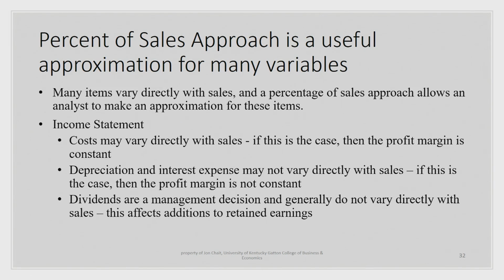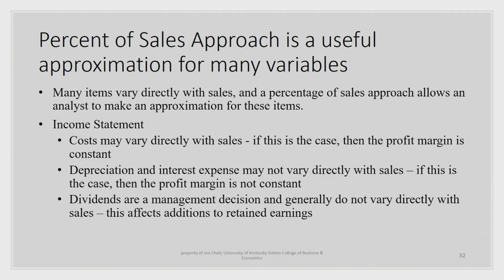It's a simplifying assumption. So if sales go up 10%, all the costs go up 10%. That means the profit margin is constant at whatever it was. Of course, depreciation and interest expense do not generally vary with sales, and therefore the profit margin would not be constant. Sometimes we make simplifying assumptions to say they do, just to make math a little bit easier for you.